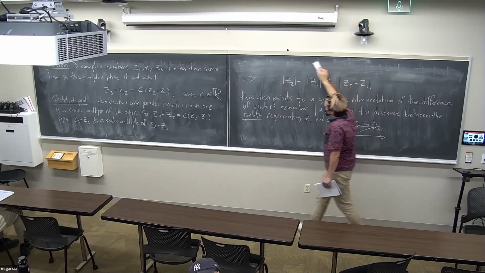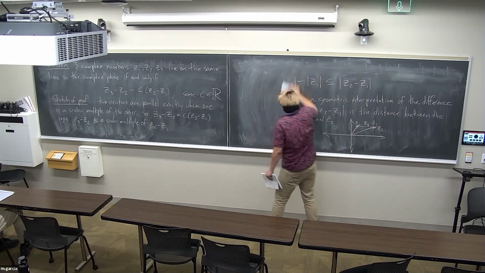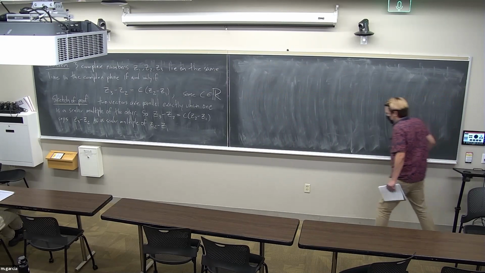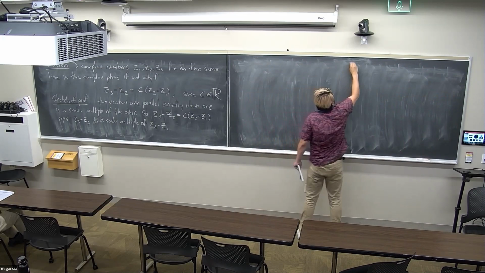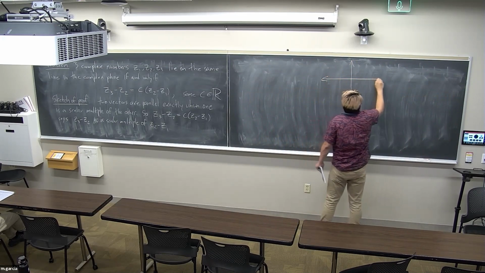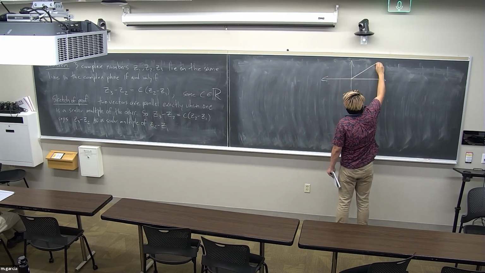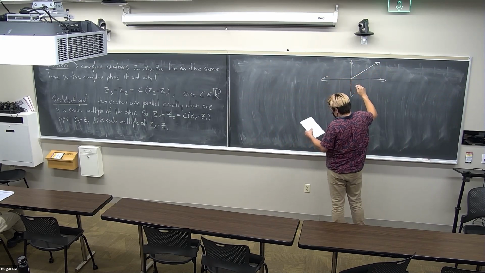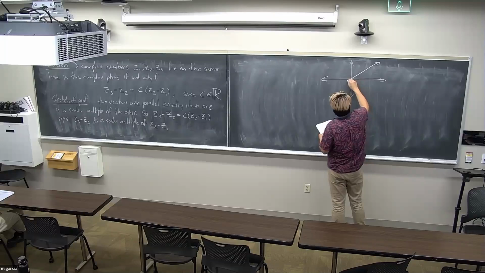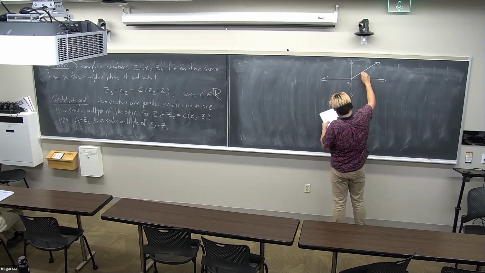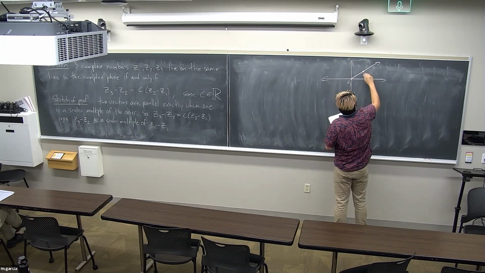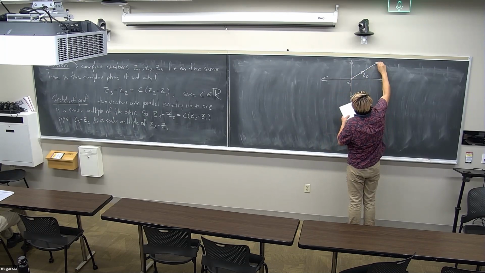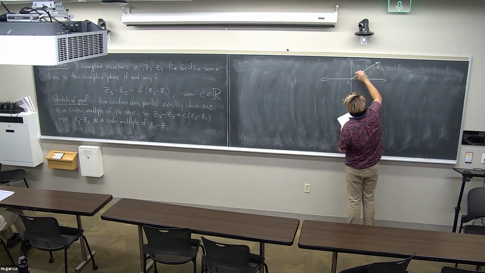that if I translate both these vectors back to the origin, I'll have a picture as follows. Let's see. I'll have z1, z2, and I'll have z3 here. Okay.